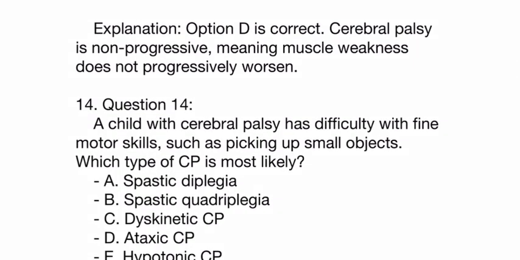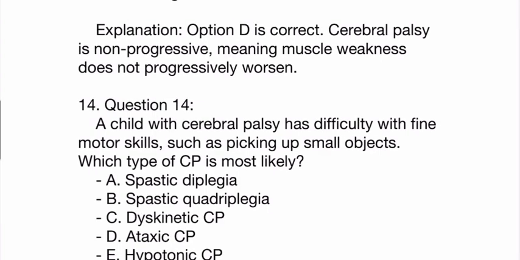14. A child with CP has difficulty with fine motor skills, such as picking up small objects. Which type of CP is most likely? A. Spastic diplegia. B. Spastic quadriplegia.